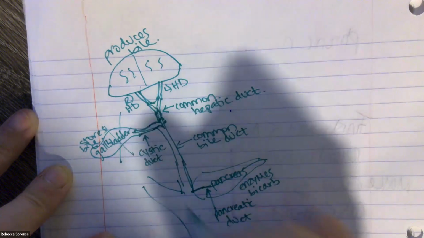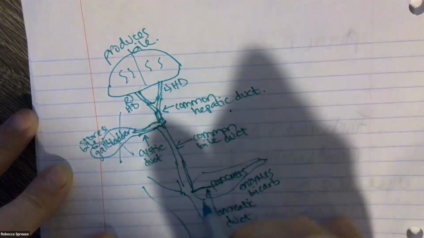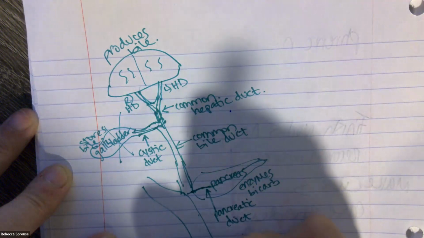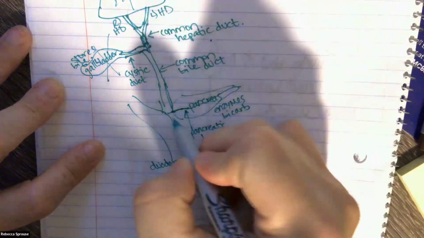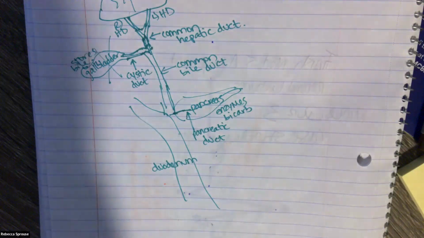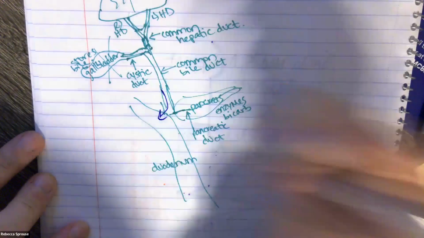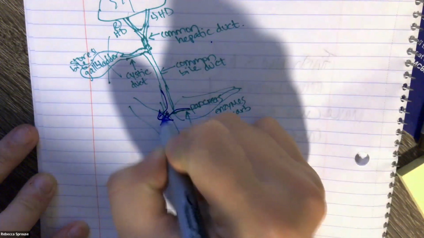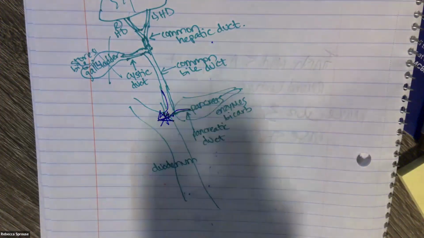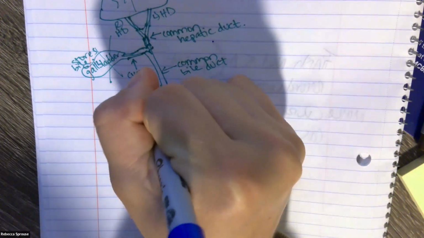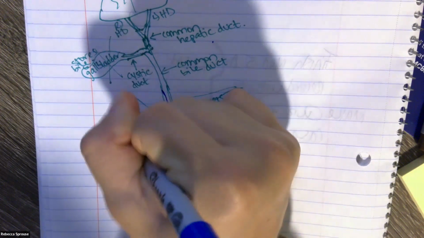And we have our small intestine coming through here. This is the duodenum. And these things are going to dump their contents. So we are going to dump bile, and we're going to dump enzymes and bicarb into the duodenum through that hepatopancreatic sphincter.